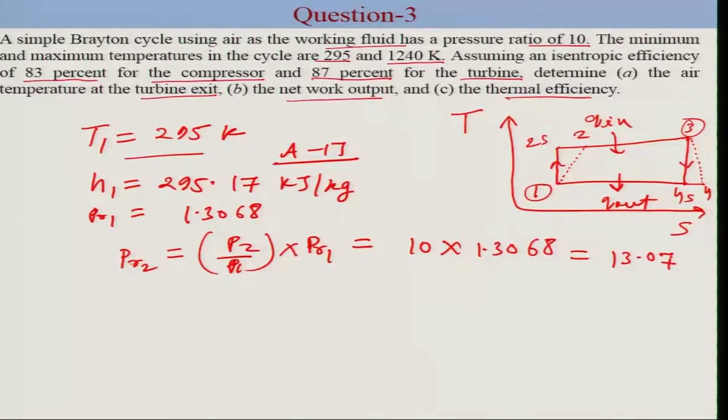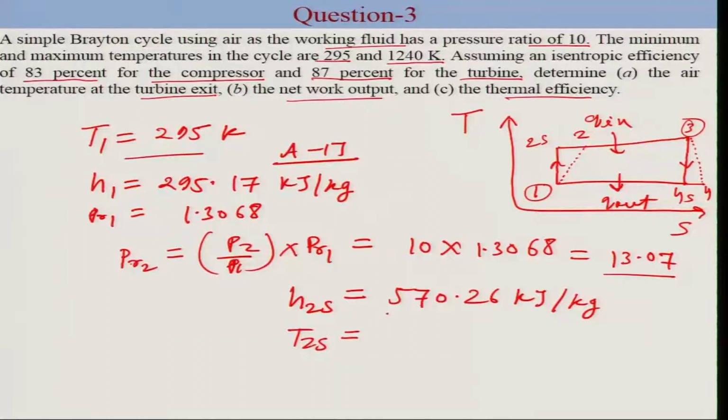Now, corresponding to this reduced pressure, we can get corresponding enthalpy equal to 570.26 kilojoule per kg from the table A17, and T2s as well, which is 564.9 Kelvin.